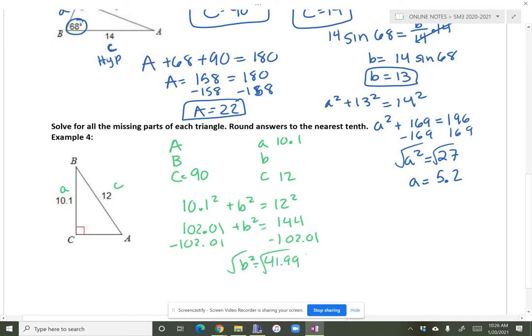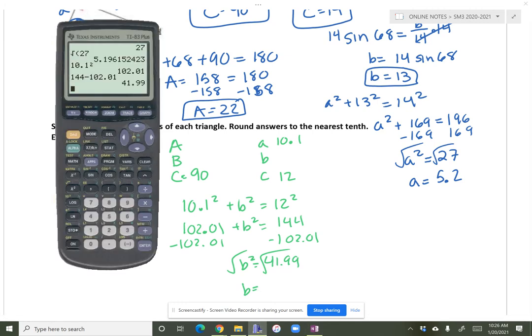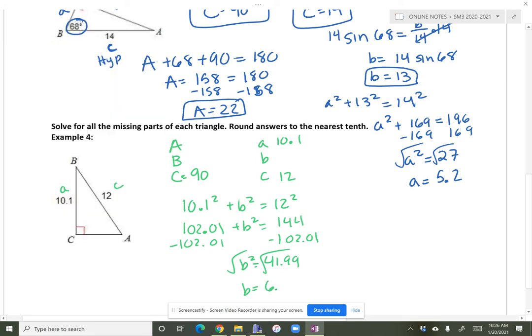I'm going to take the square root, and I get b equals square root of 41.99, and I get 6.47, so I'm going to round that to 6.5. Okay, so I've found all three sides. Now I'm going to be solving for angles.